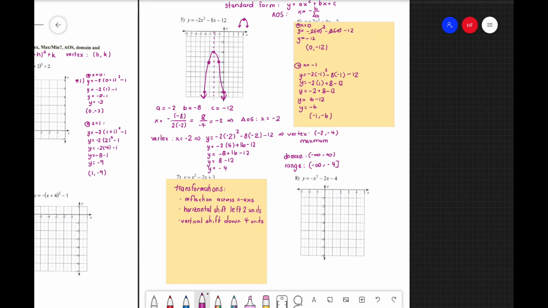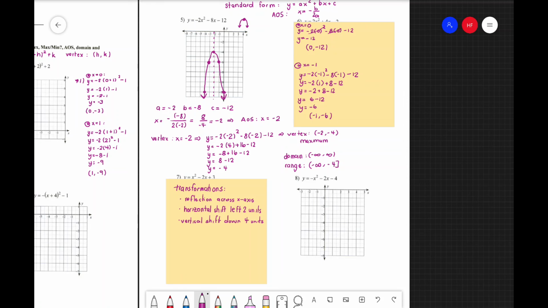And then as far as a vertical stretch or vertical shrink goes, we're not really sure just given this information. Given this negative 2x squared minus 8x minus 12, we're not really sure if there's going to be a stretch or a shrink, and we're not given the graphs side by side.